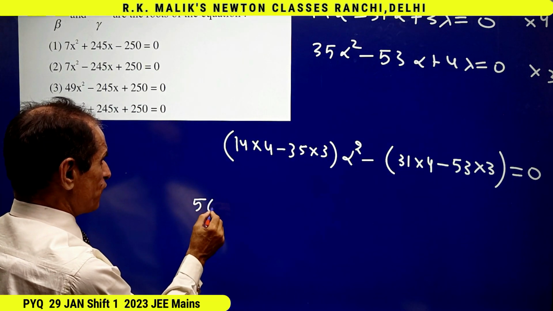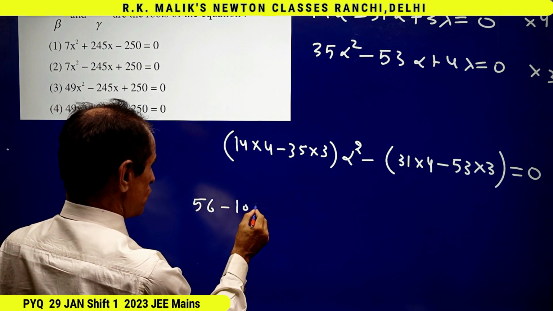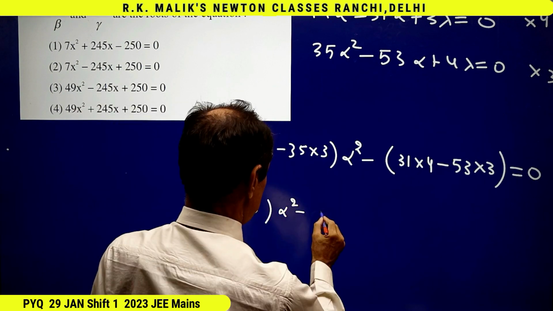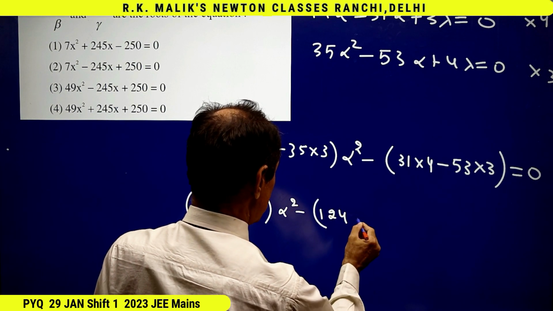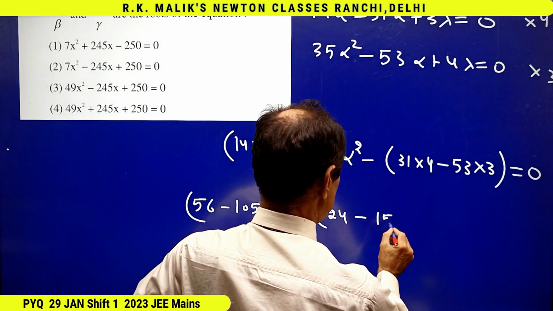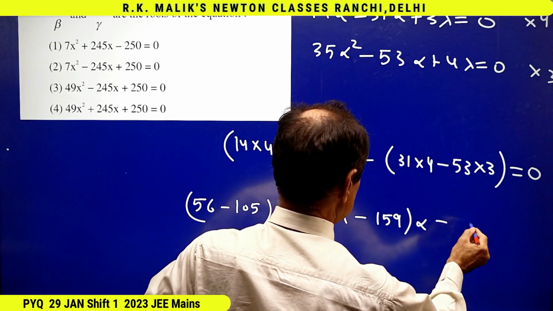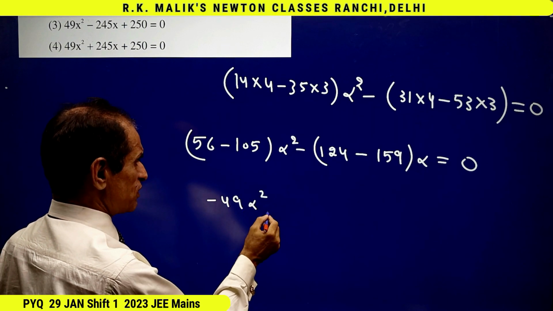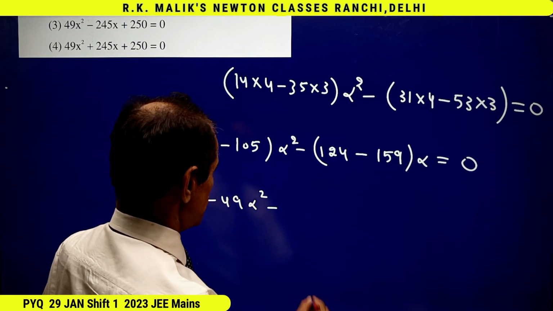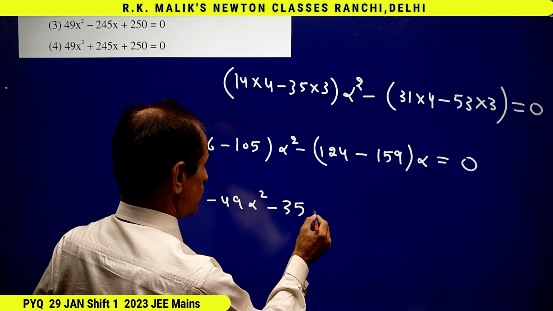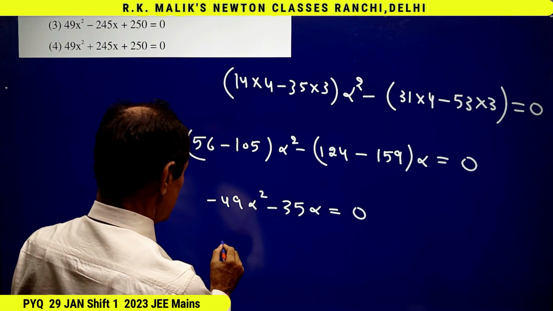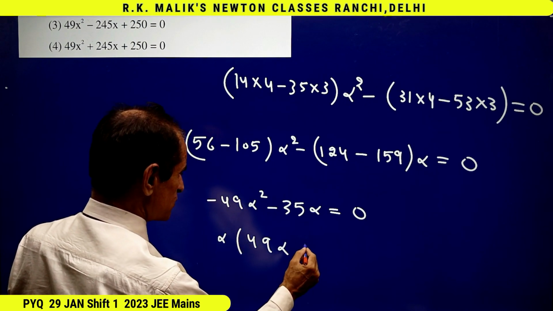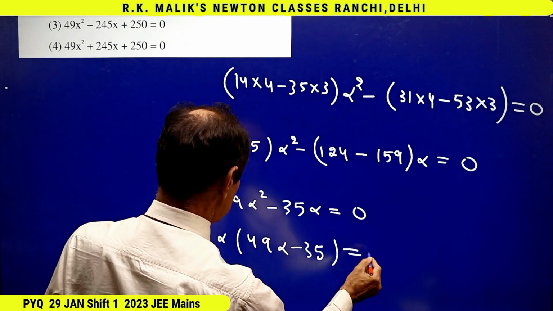That is 56 minus 105 alpha square minus 124 minus 159 alpha is equal to 0. That is minus 49 alpha square minus 35 alpha equal to 0. That is alpha into 49 alpha minus 35 equal to 0.